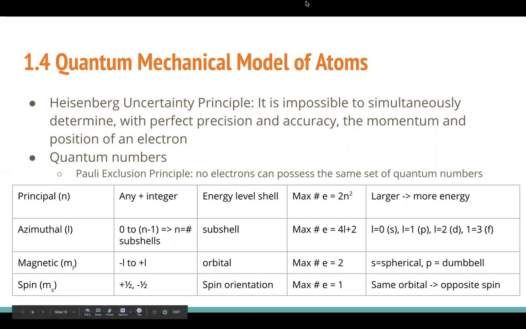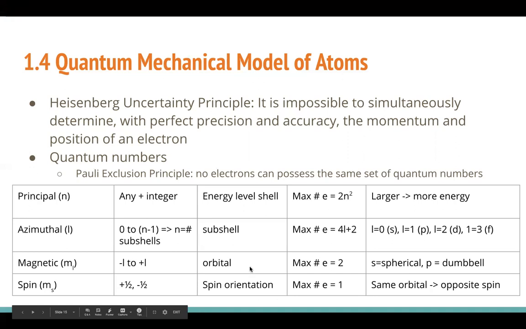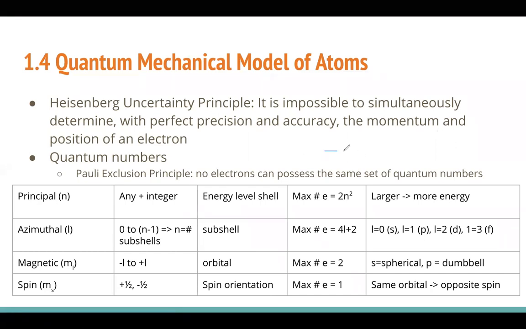Let me see if I can write it here, because I think I probably confused you guys a bit with the explanation for the magnetic and spin quantum numbers. Okay, so this is s.